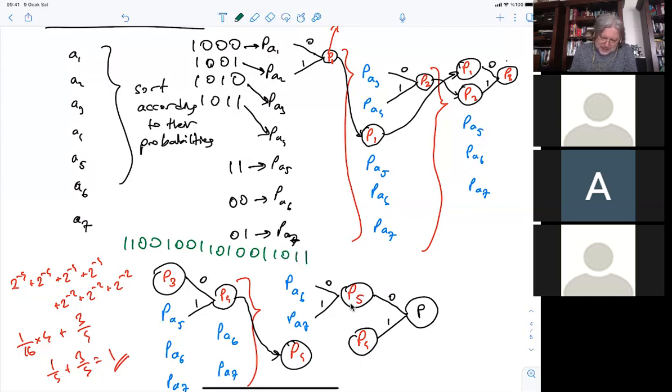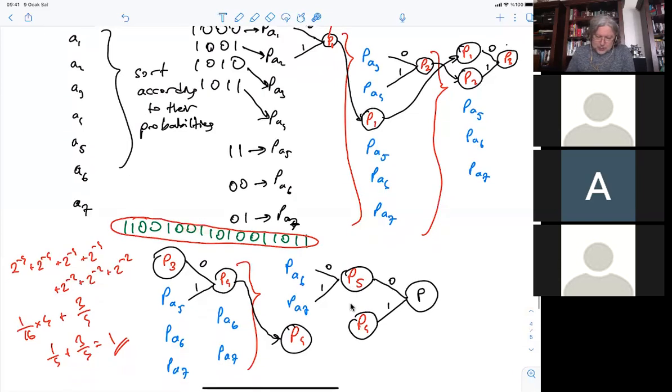Now, if you look at it, it looks pretty much messed up, right? How can we decode this? We don't even know which one corresponds to which, but actually we do know it. This sequence is instantly and uniquely decodable.